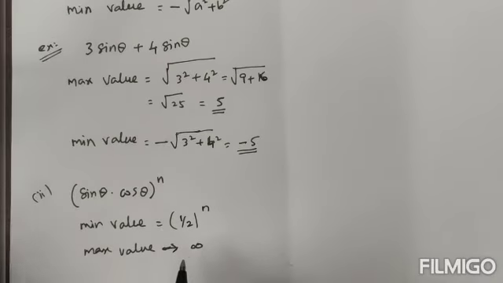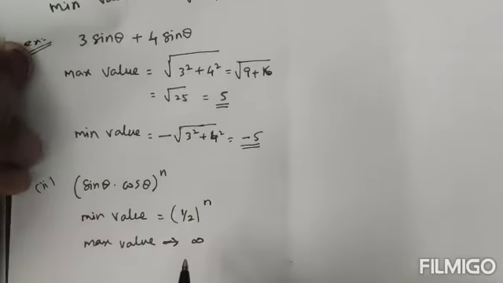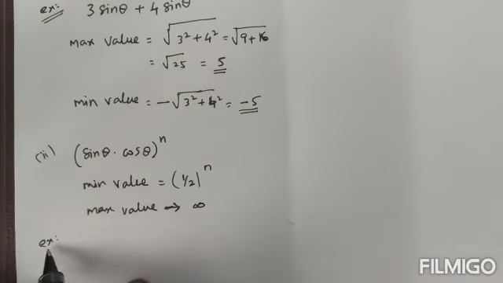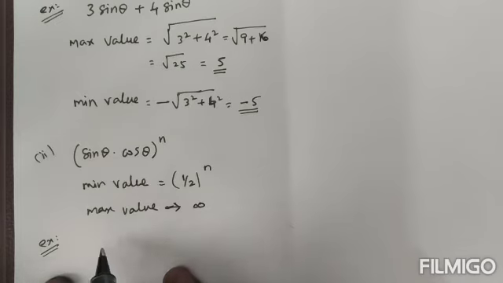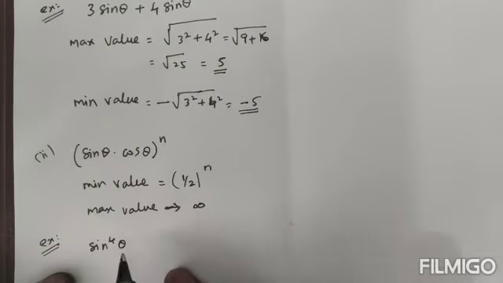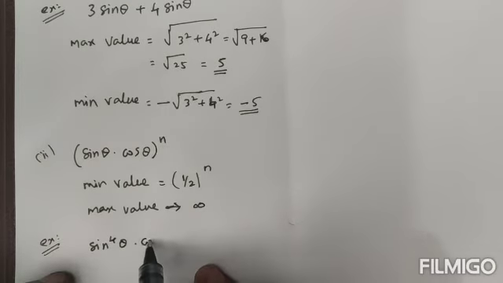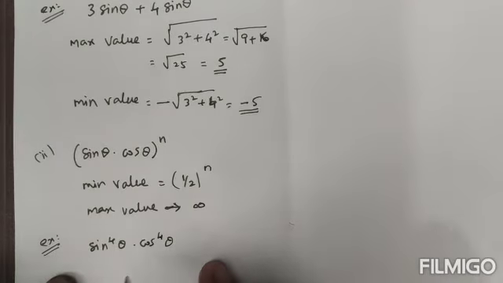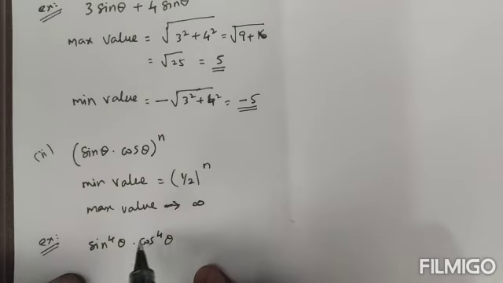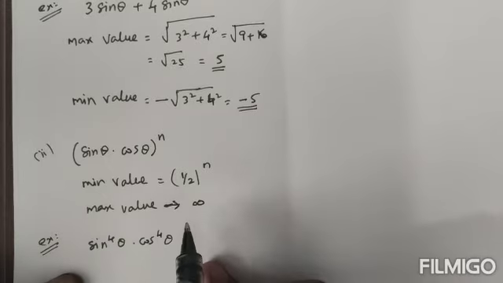I'll give one example for this question. The example is sin power 4 theta into cos power 4 theta. Here we can write it as sin theta into cos theta whole power 4, the same model only.